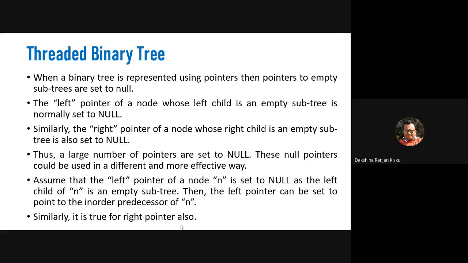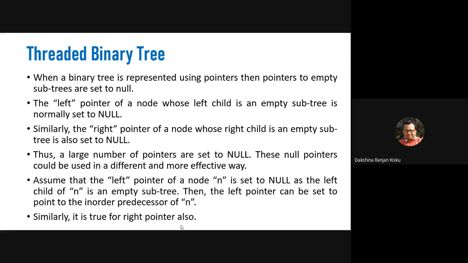That means the pointers which are pointing to the empty subtrees are set to null. We have a binary tree and we want to represent the empty subtrees using pointers. Now these pointers will be set to null.